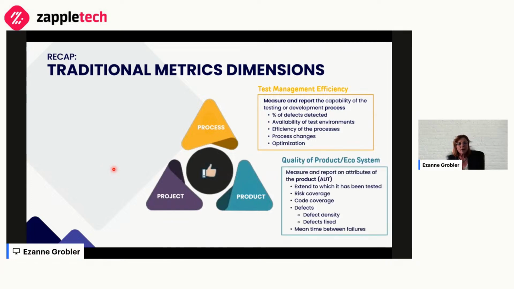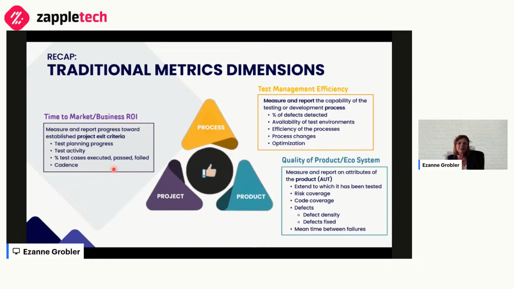Product, on the other hand, is telling you about quality. What is the quality of the ecosystem? What's the quality of the application under test? It elaborates a little bit around risk coverage, code coverage, and again defects: defect density, defects fixed, and mean time between failures are in that category.